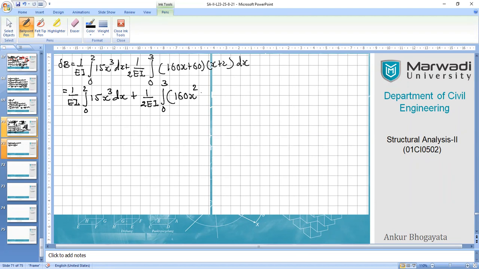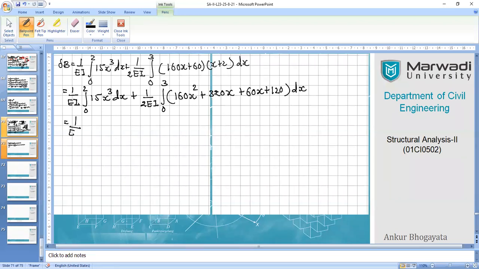160x squared plus 320x plus 60x again plus 120. So if I'm not wrong, we have expanded it.